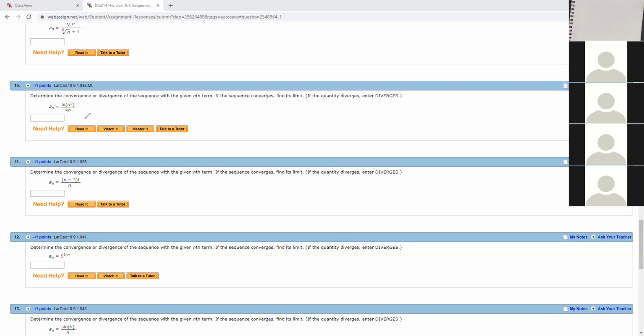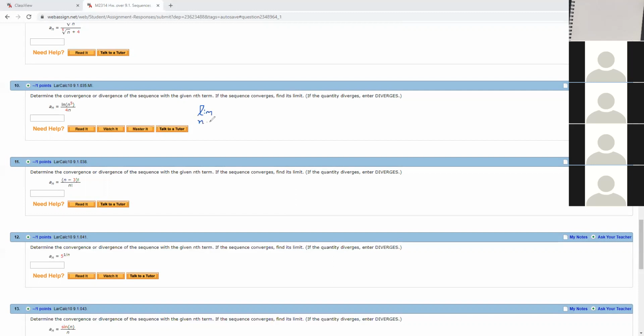But we can also do it without looking at the graph and writing a bunch of terms down, by just taking the limit. So literally taking the limit.